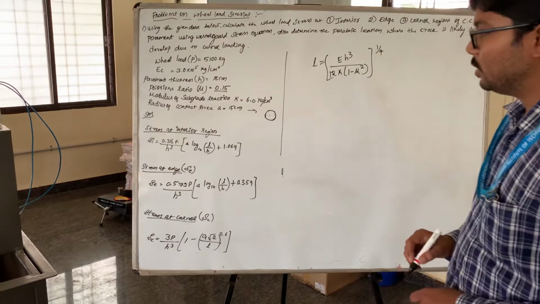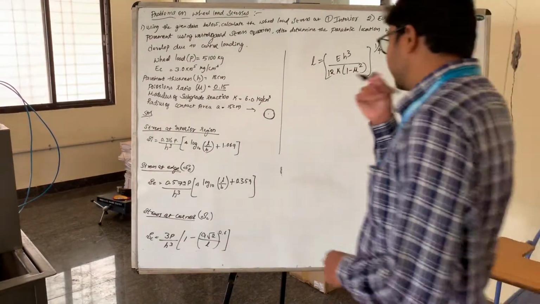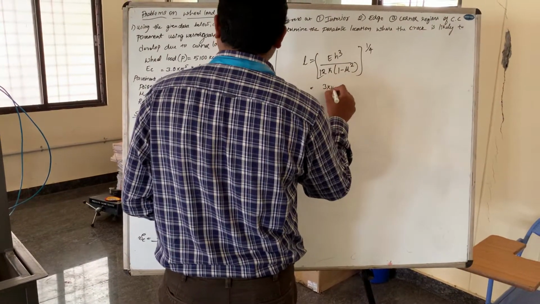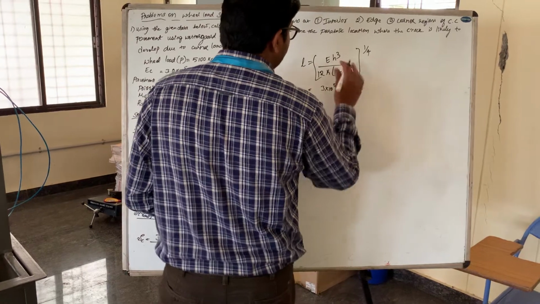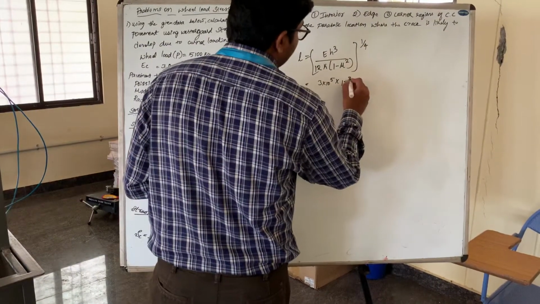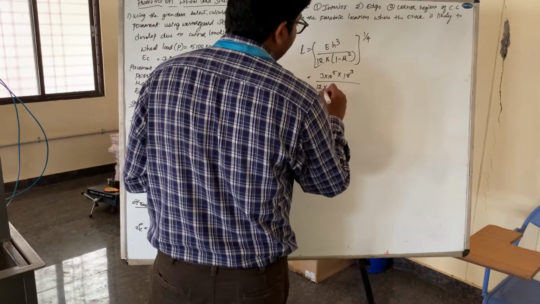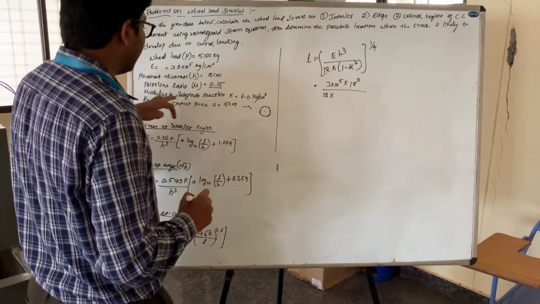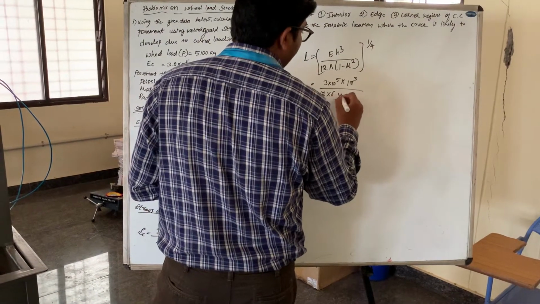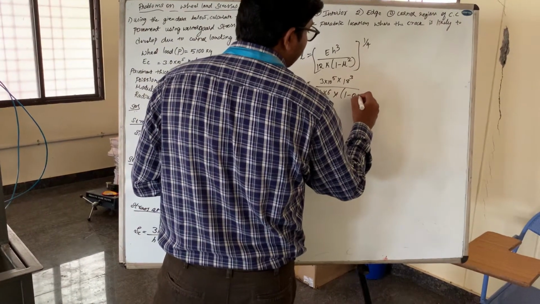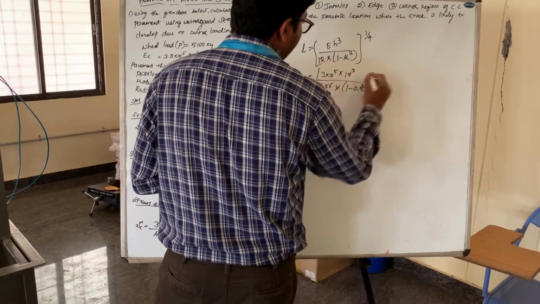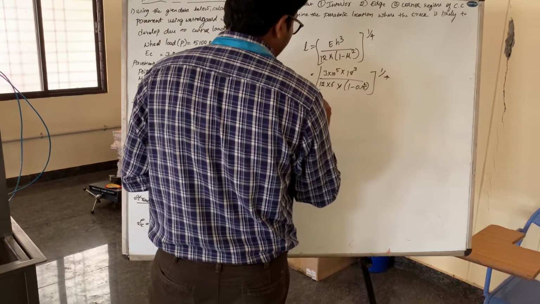Okay, this is the radius of relative stiffness. So first, the elasticity: the value will be 3 into 10 raised to 5, into H, the thickness of the pavement, that is 18 cube, divided by 12 into the modulus of subgrade reaction, which is given in the data as 6 kg per centimeter cube, into 1 minus Poisson's ratio of the cement concrete, 0.15 squared, the whole raised to 1 by 4.